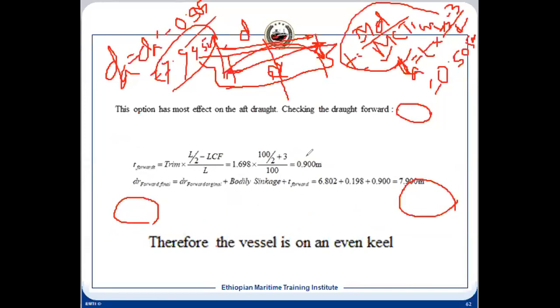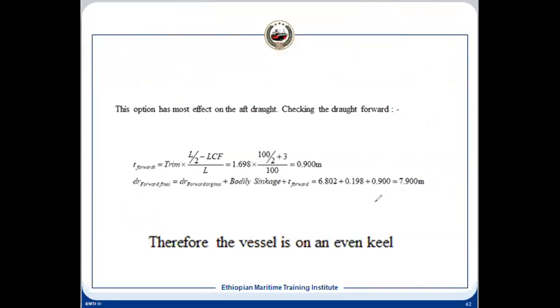Same formula we can calculate, and same formula forward final draft we can calculate. Here in this case, have you seen that both are coming same? It means it is an even keel condition. After trim we have the aft draft, final draft we found out 7.9, and the forward draft also coming 7.9. So it is in even keel condition.